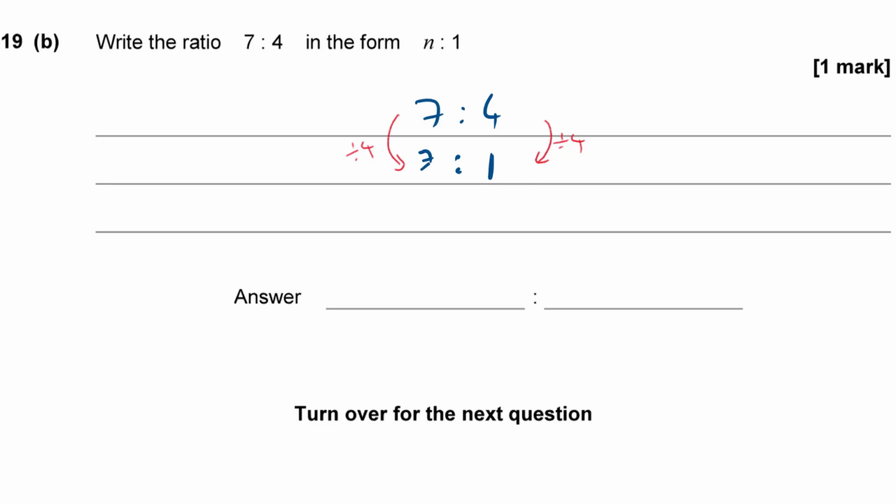I'm just going to write it like this, 7 over 4. That's good enough. So 7 over 4 to 1. Some people don't like fractions, but really it makes life easier for you. Now I could write that as a decimal. That is, what, 1.75? But it doesn't tell me I have to write it as a decimal, so I'm just going to leave it like that.